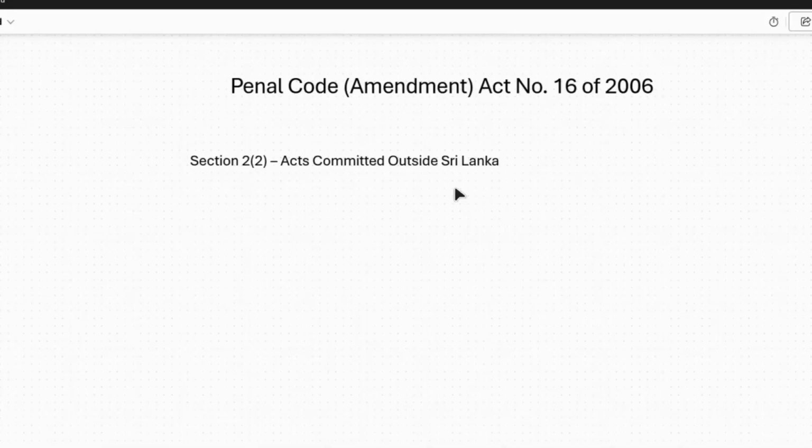If a Sri Lankan national commits an offense outside Sri Lanka that is against the Penal Code, they can still be punished under Sri Lankan law. For an example, a Sri Lankan citizen commits computer hacking while living in another country. Even though the offense happened outside Sri Lanka, the person can still be punished under the Sri Lankan Penal Code.